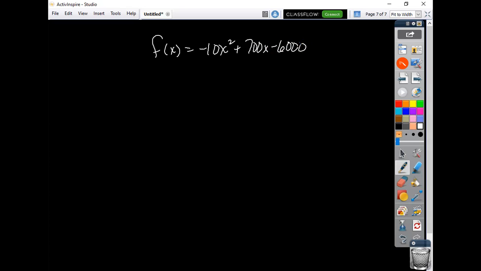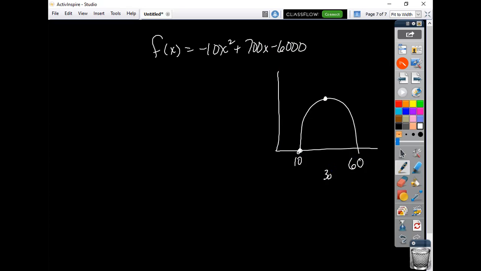It goes on to say the graph, and it's given, looks sort of like this. It's a parabola opening down. This right here is at 10 for an x-intercept, and at 60 over here, and the vertex looks like it's maybe at about 35.